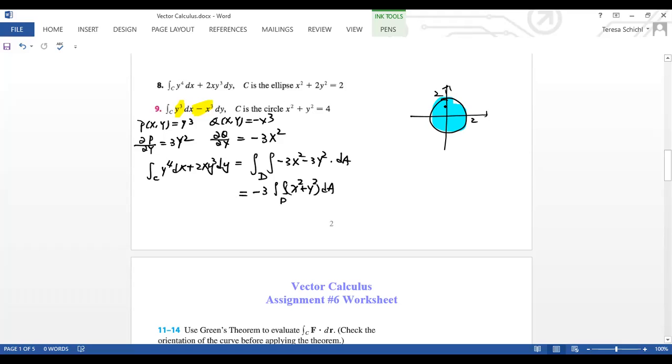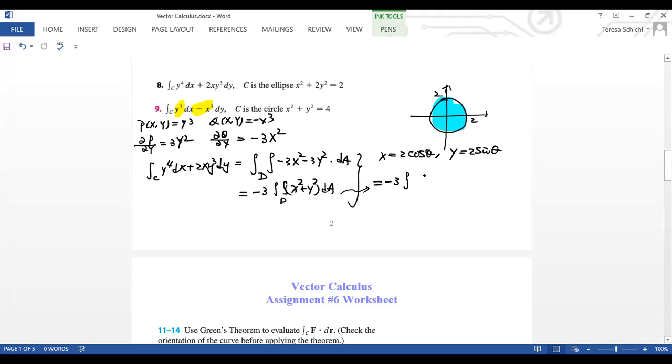Now you want to integrate over this area. So what I can do is a polar transformation, right? So I can say x equal to r cosine theta, y equal to r sine theta, right? Okay, so if I do that, then this integration will just be equal to what?